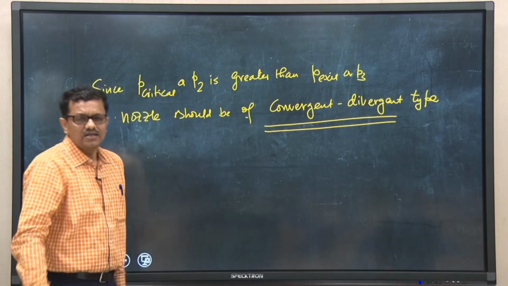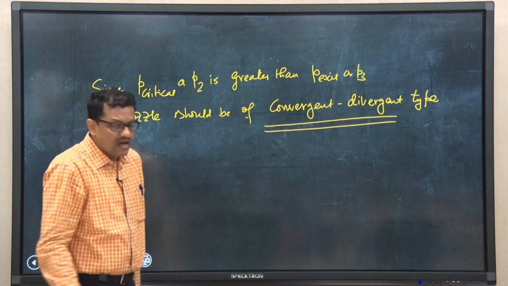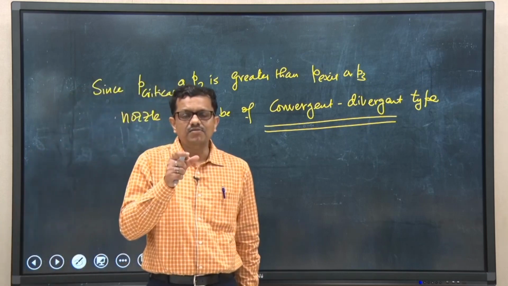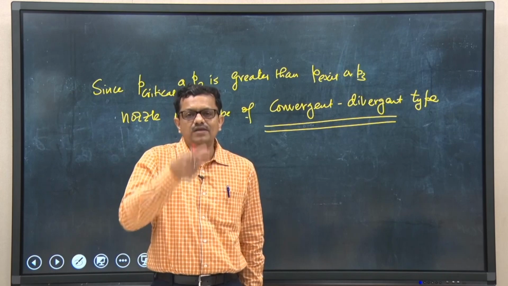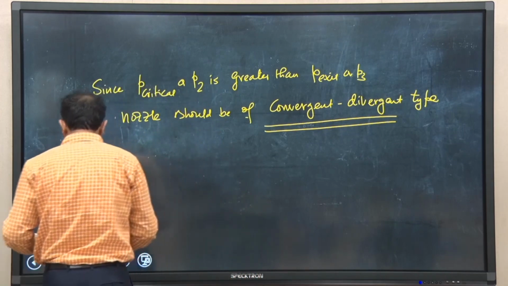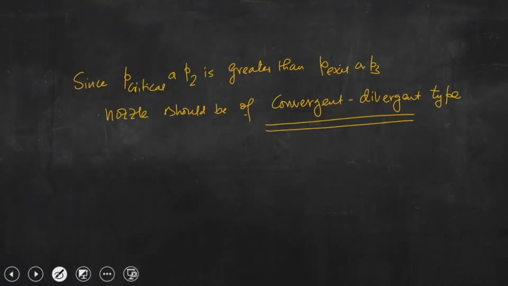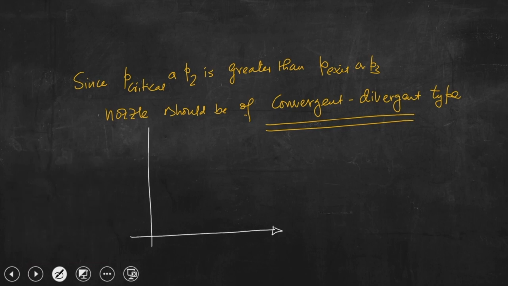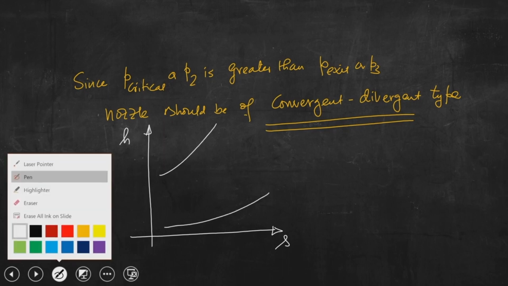Now let us look at the HS diagram and try to map the expansion process therein. So, this is the HS plane, right.